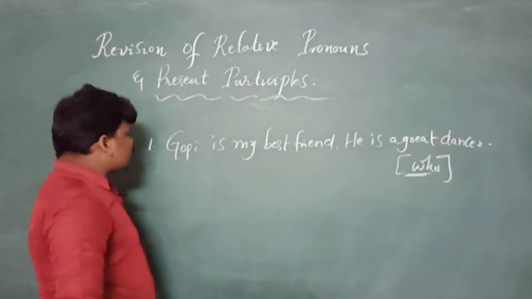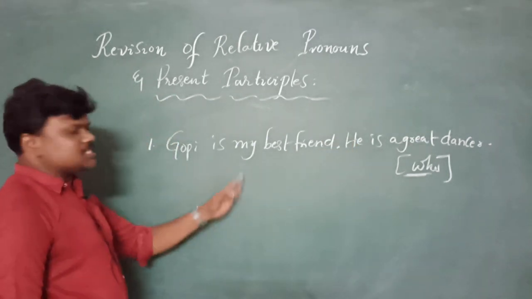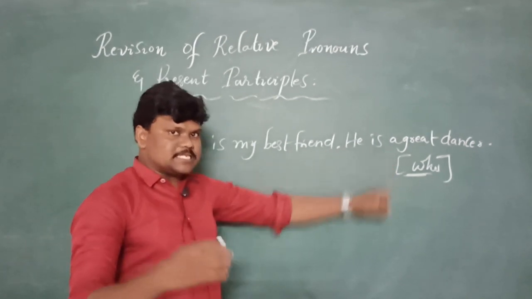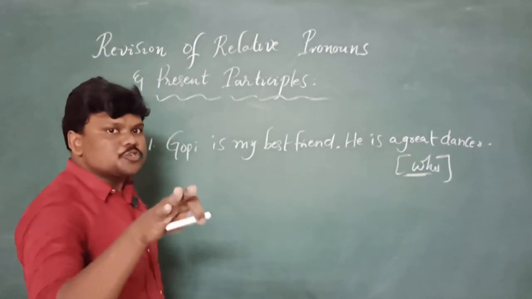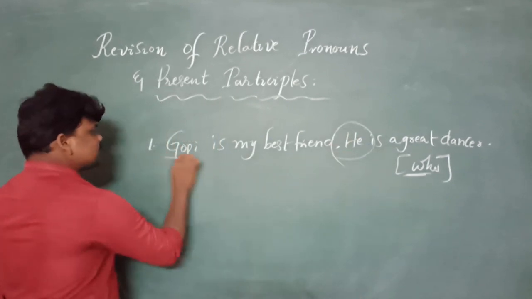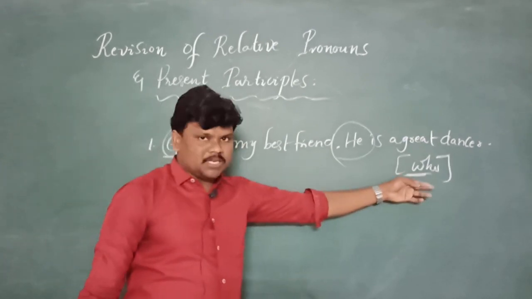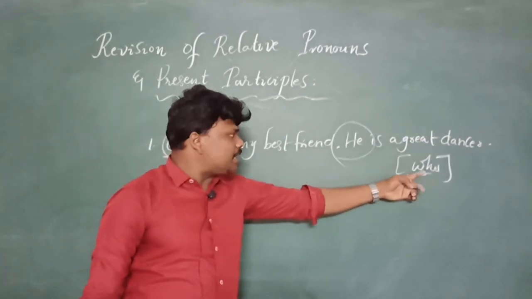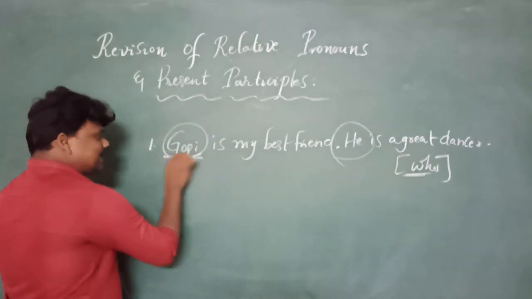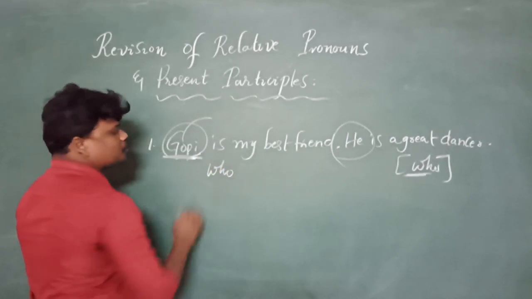According to the instruction, the first sentence is very important, my dear. It is not necessary to look at the second sentence. In the second sentence, you only need to identify the pronoun and the full stop. In the first sentence, identify the person if the instruction is who, underline it, and immediately after this person write who.